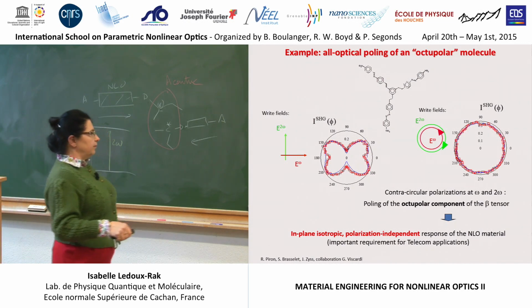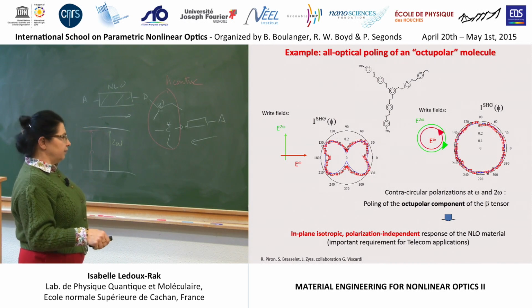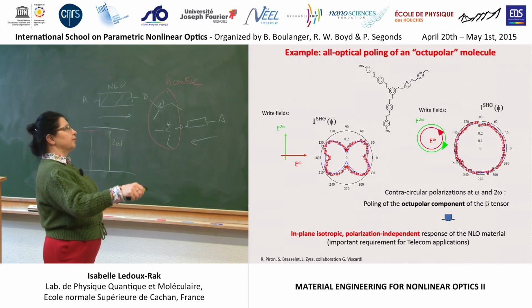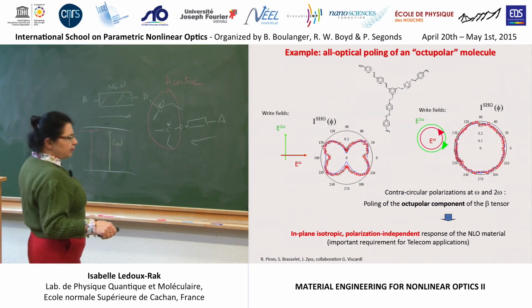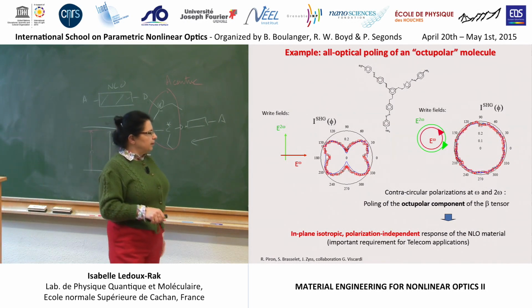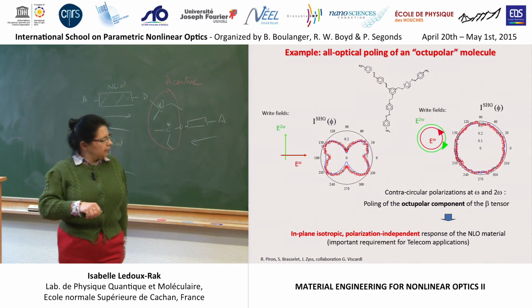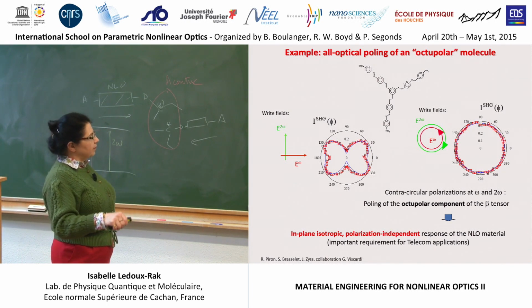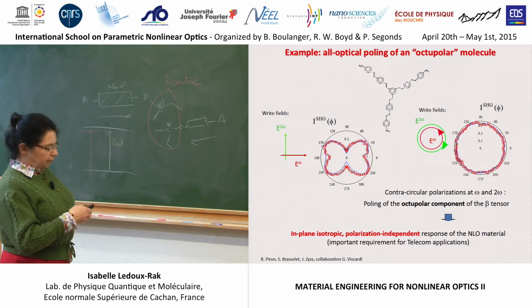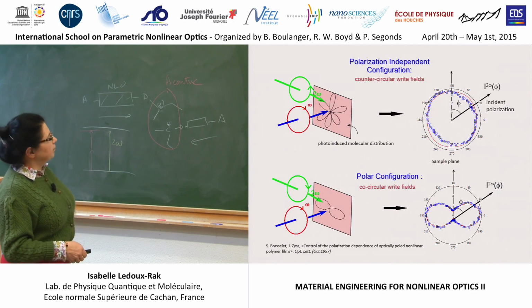And this is, of course, isotropic only in plane because this molecule is planar. But the polarization independence can be interesting if we could make later on some materials for other applications. So this is really the signature of the octupolar response.